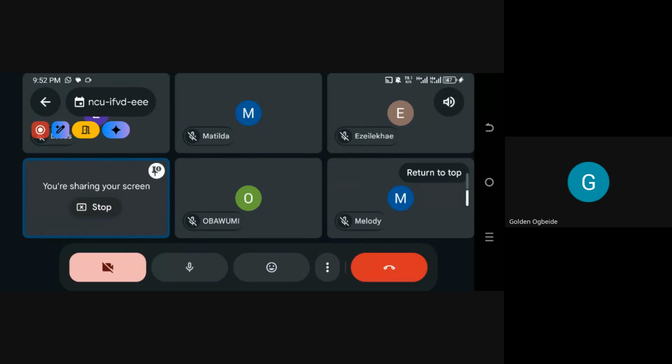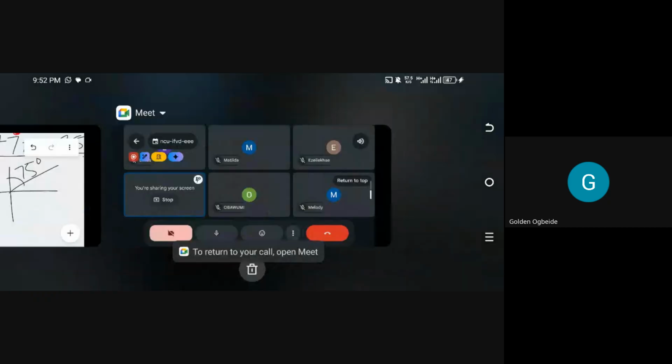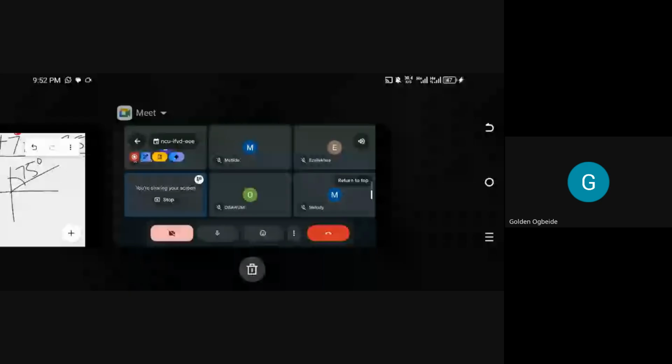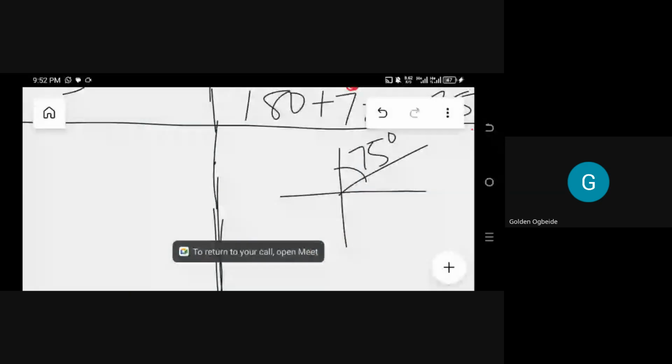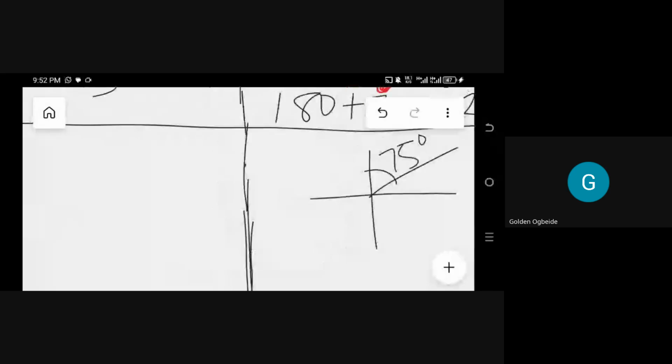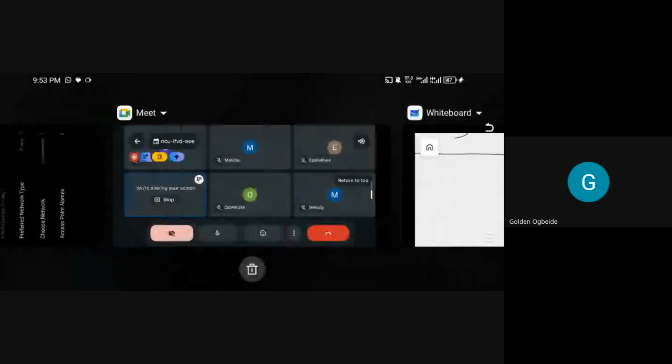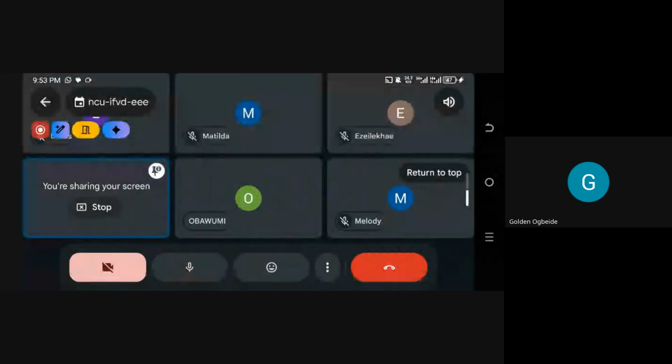Do you think we should agree with Efosa that this bearing in compass should be north 15 degrees east? Oh, I think Winner is speaking, but I can't hear her. I think the network has been very bad today.